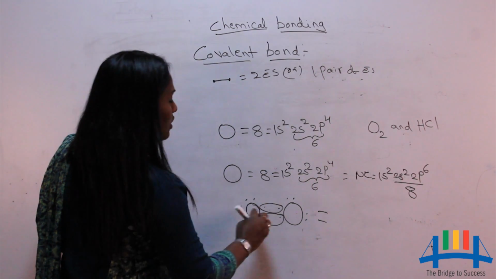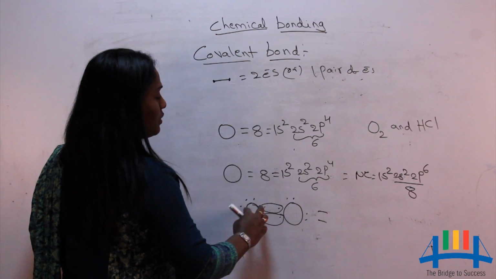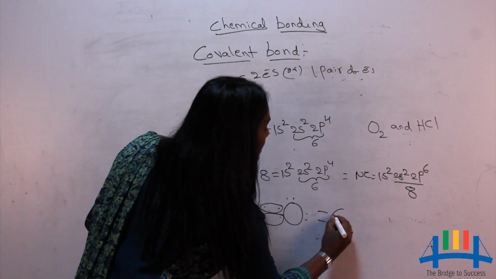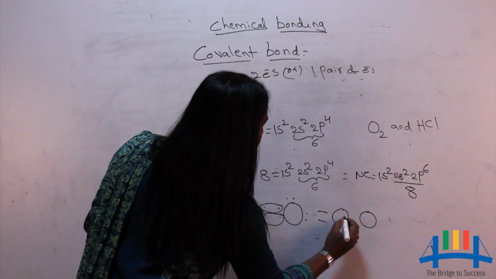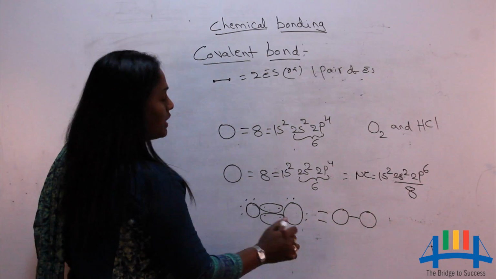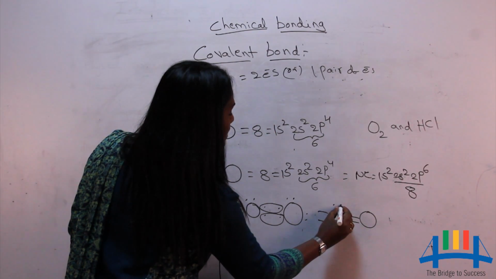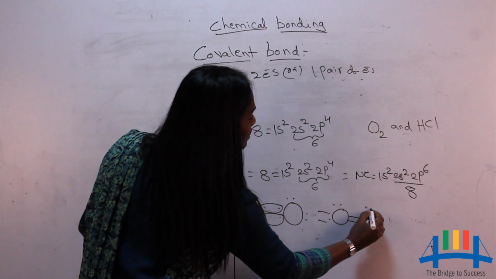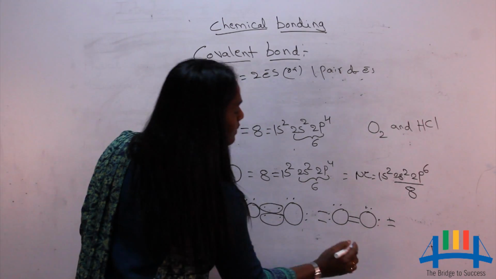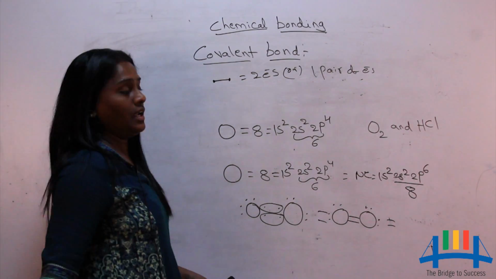That's why the two oxygens share these 2 electrons between them. Oxygen and oxygen sharing gives one bond, and one more sharing gives one more bond. Already electrons are there, 1 2 3 4, and now I get 1 2 3 4 5 6 7 8.